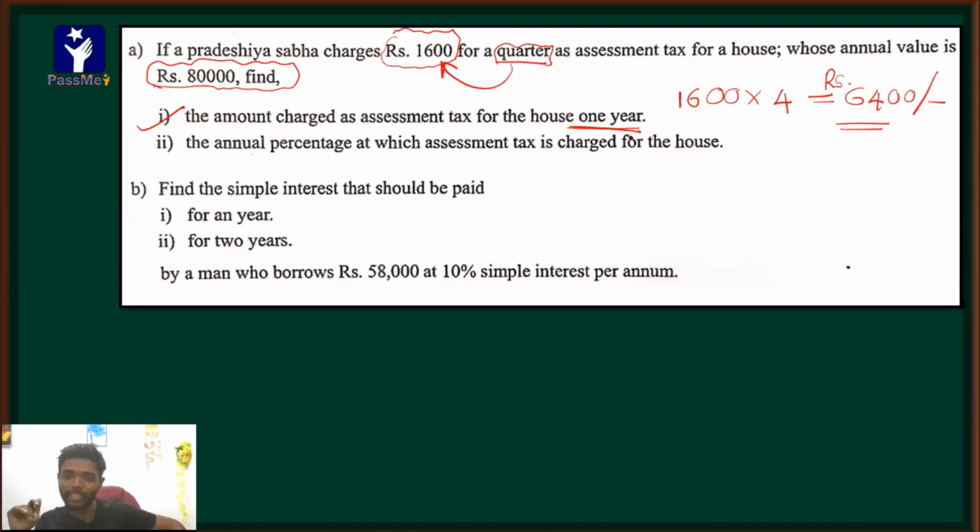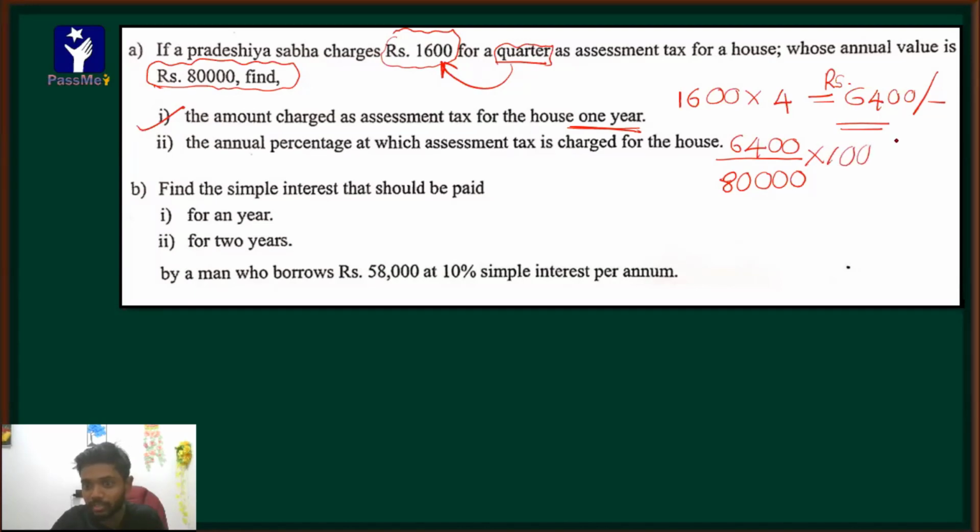So how do we calculate the percentage? Your house has a value of 80,000 but you have to pay 6,400 rupees at the end of the year. Then you need to convert this into a percentage.